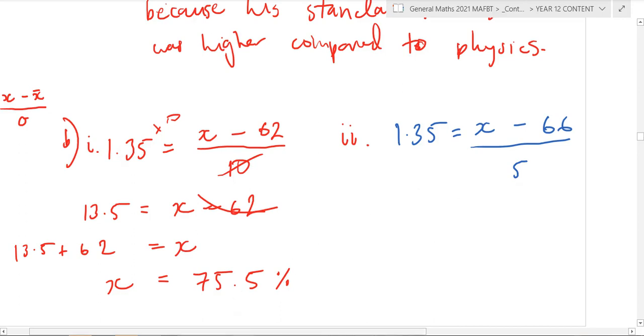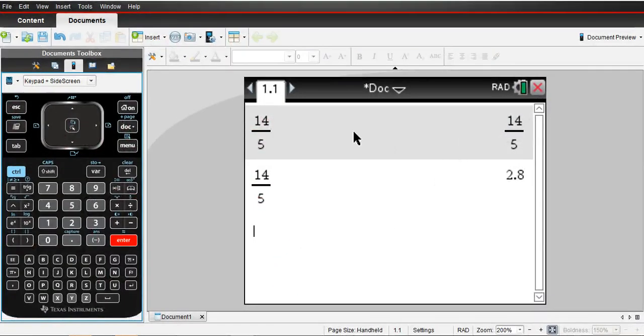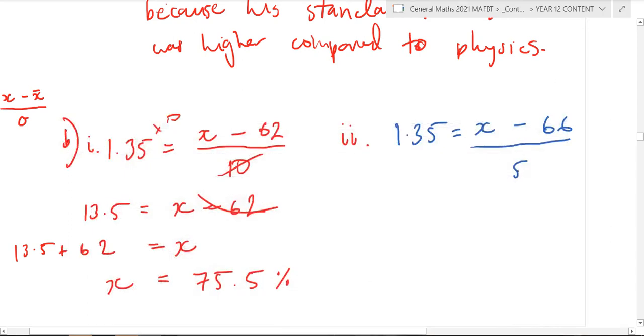That's going to be tricky. So it's going to be 5 times 1.35, 6.75. So what I'm doing here again is I'm isolating the x. So that becomes times 5, which is 6.75 equals x minus 66. Isolate that x, there's a minus 66 there, it becomes plus 66. I'll just redraw it for you guys.